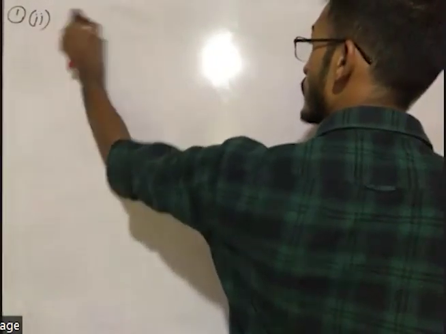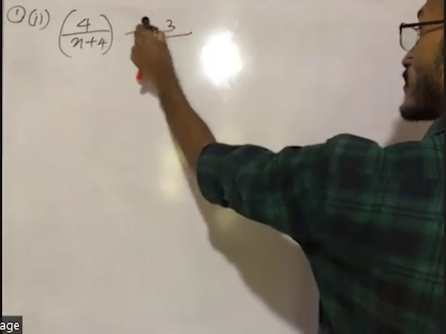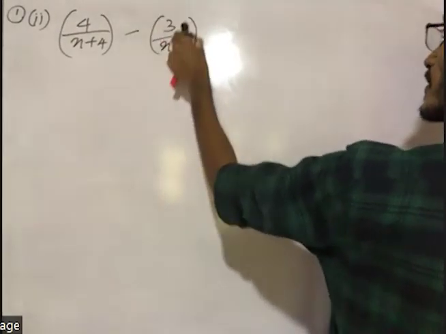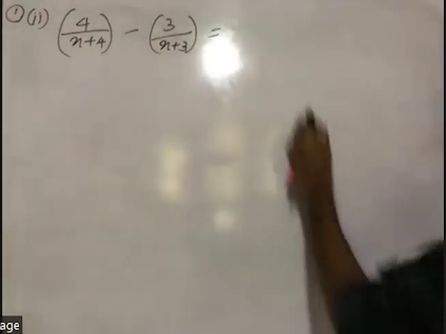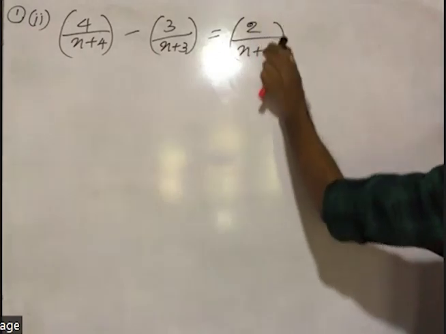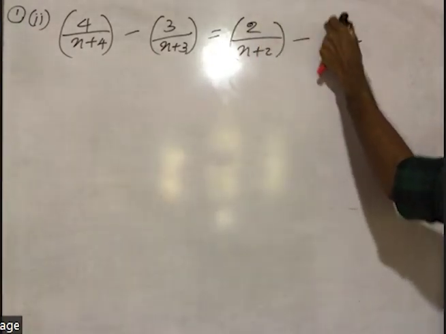Right. So write down 4 over x plus 4, first term, minus 3 over x plus 3, equal to 2 over x plus 2 minus 1 over x plus 1.